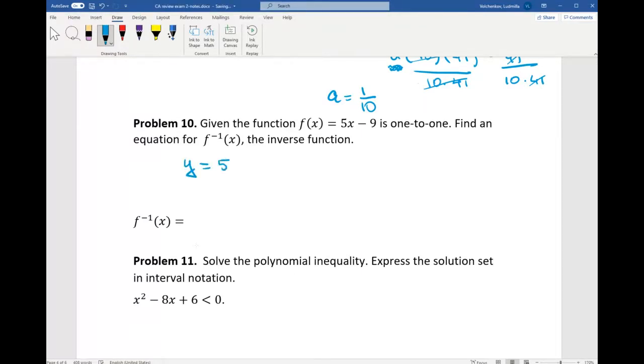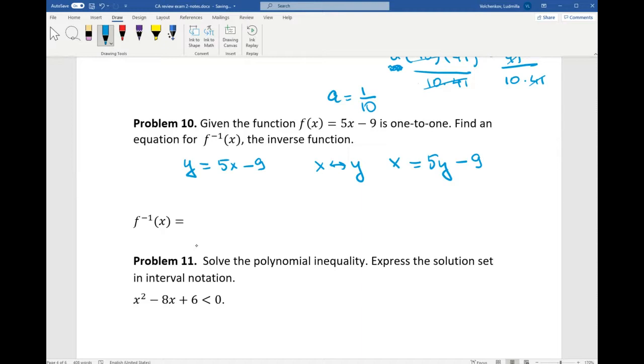Y equals 5x minus 9. Second, we interchange x and y. We write the same equation, but x instead of y and y instead of x.